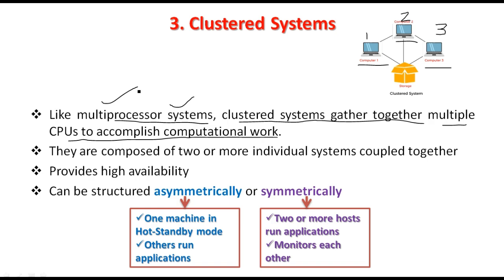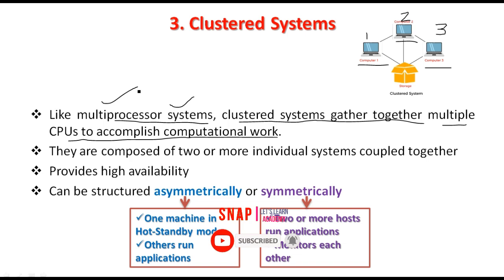That is, service will continue even if one or more systems in the cluster fail. Then also the other systems are available. That's what we say: high availability is obtained in the clustered system.